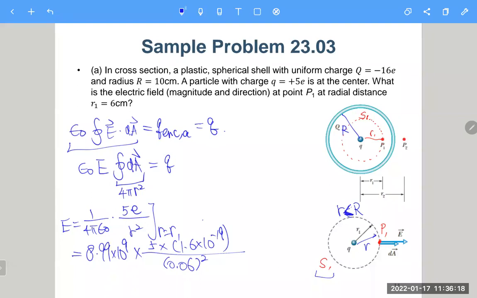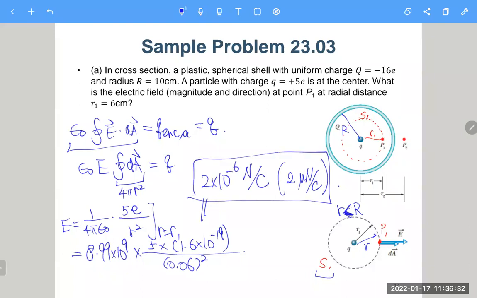This value is 2 times 10 to the minus 6 newtons per coulomb, or you can write it as 2 micronewtons per coulomb. So this is the answer for the first case. Any questions?